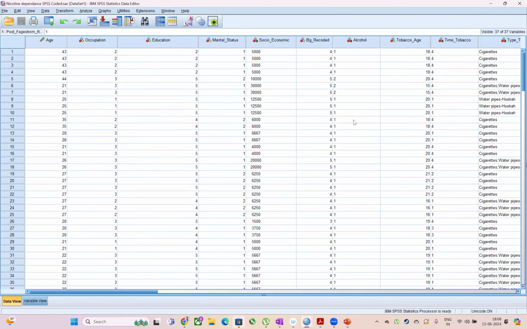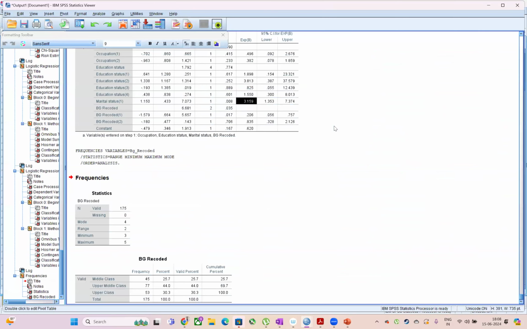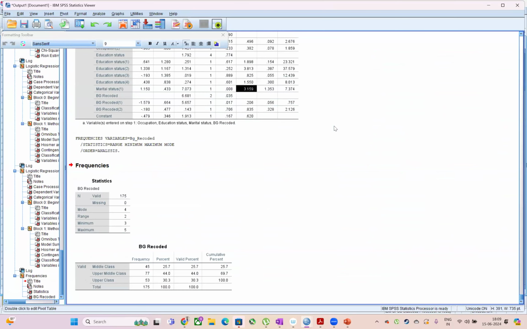So here if I see, I have the middle class, upper middle class, and upper class. It is coded as 1, 2, and 3. The upper class is taken as the reference category. So this is 1 and this is 2.